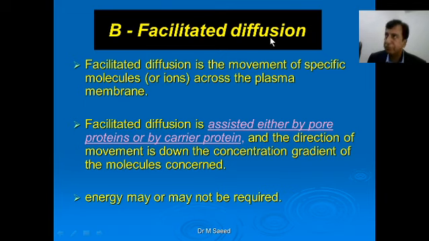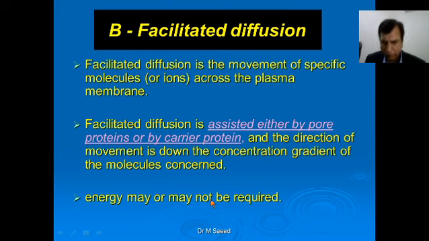Facilitated diffusion. Facilitated diffusion is the movement of specific molecules or ions across the plasma membrane. Facilitated diffusion is assisted by either pore proteins or by carrier proteins, and the direction of the movement is down the concentration gradient of the molecule concerned.